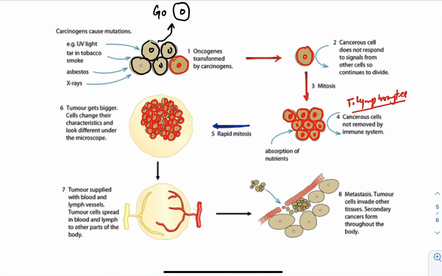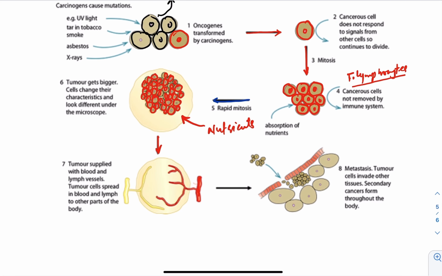These dividing cells have a higher need of nutrients, and if these nutrients are not provided, this may have a limited growth. But over a course of time, blood vessels may develop inside this tumor.